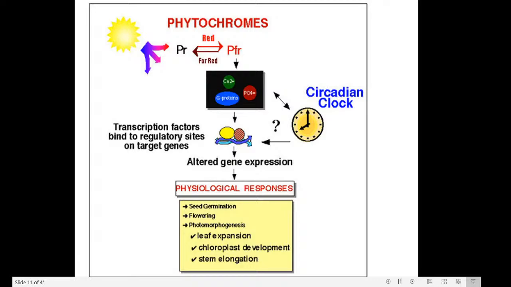Transcription factors bind to the active site of the target gene, and these transcription factors promote seed germination, flowering, and photomorphogenesis. Photomorphogenesis means that due to light, the leaf size expands and becomes large. Due to phytochrome A activity, chloroplast development and stem elongation also happen. These all happen due to the phytochrome's activity.